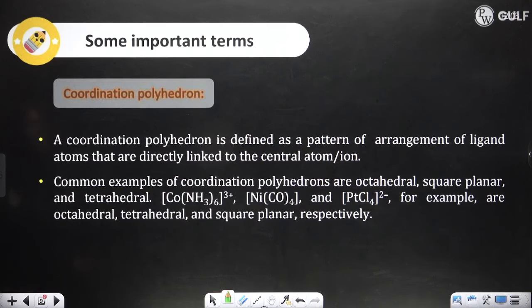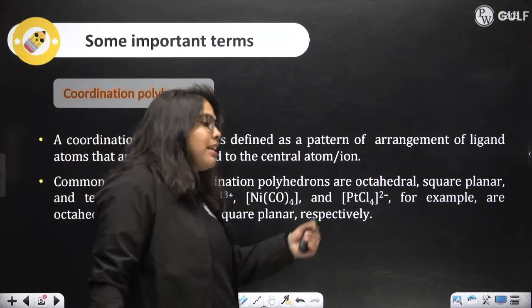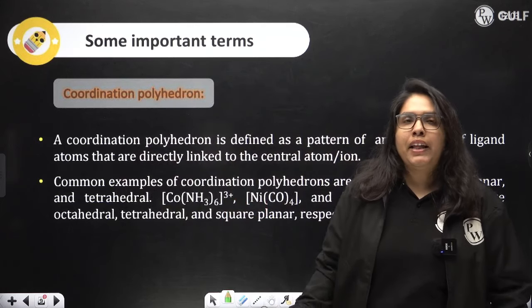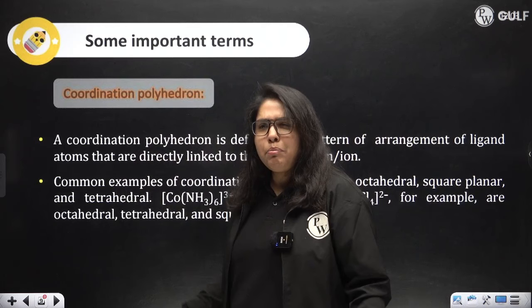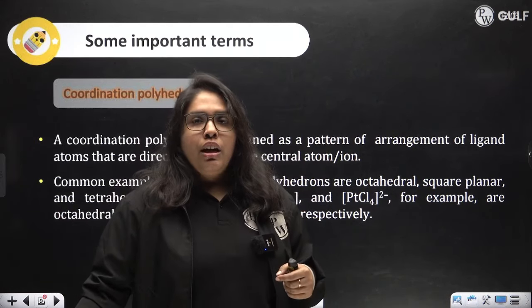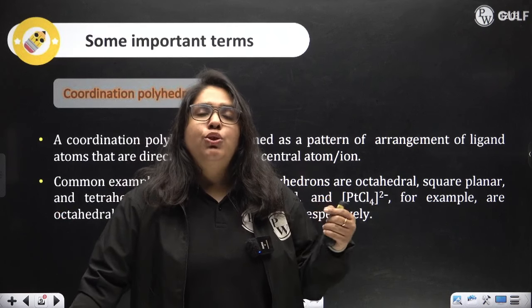Now, what is a coordination polyhedron? A coordination polyhedron is defined as a pattern of arrangement of ligand atoms that are directly linked to the central atom. Now see, beta, these ligand atoms are not haphazardly donating their electrons to the metal atom. They are arranged in a particular fashion and have a particular geometry.